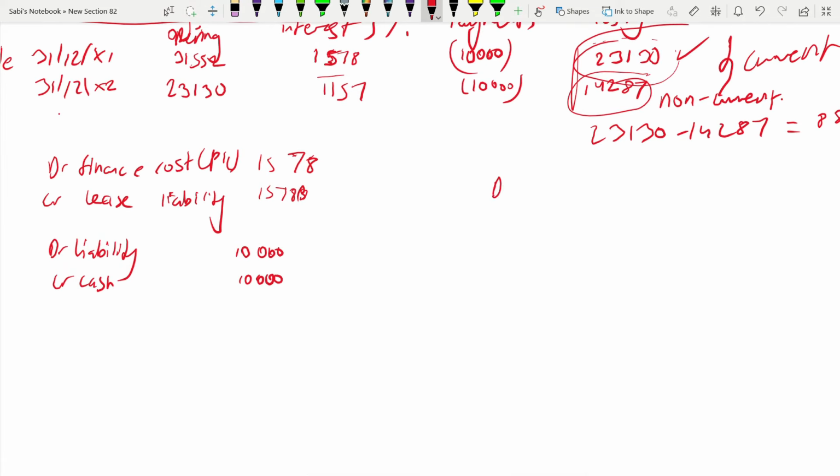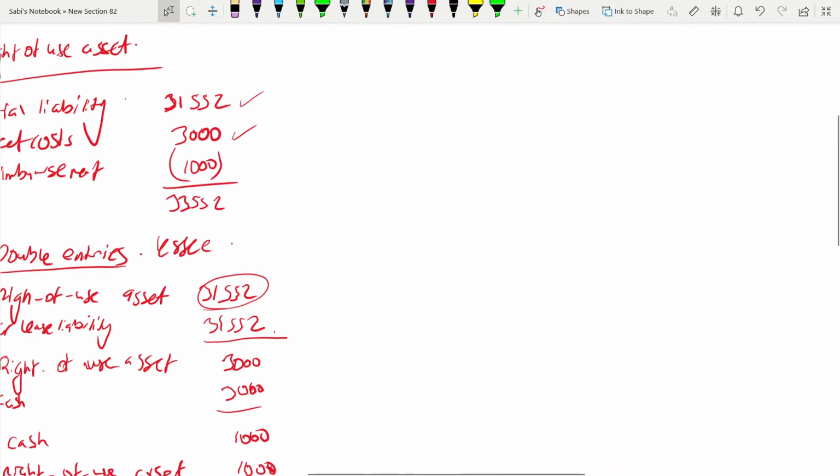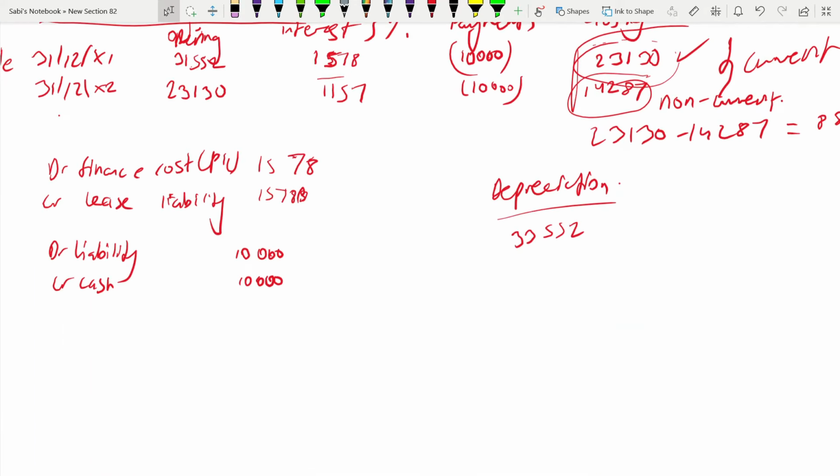So we'll find the depreciation. What is it? Which amount? 33,552. Your right of use asset is this one. We found this one according to test understanding 3. 33,552 divided by 3 years will give you how much? 11,184.